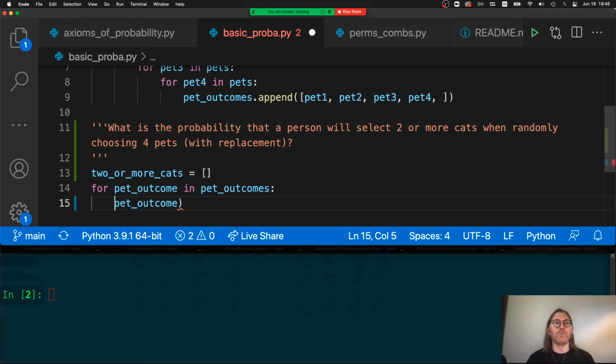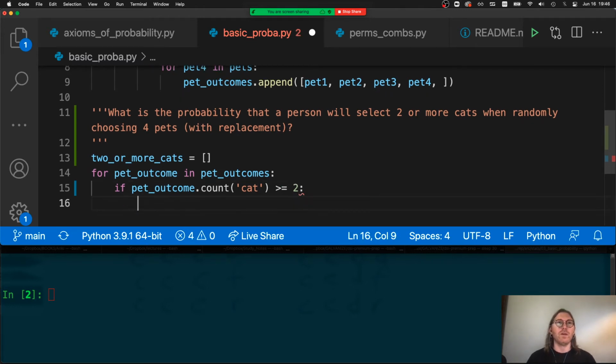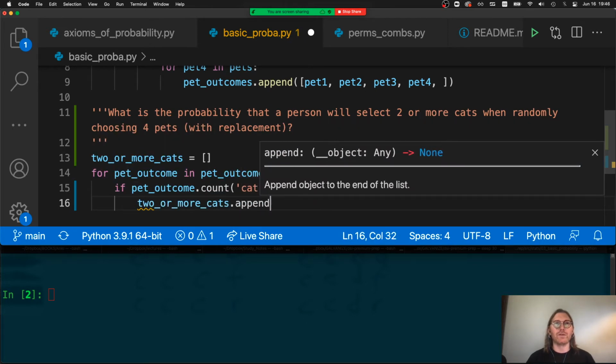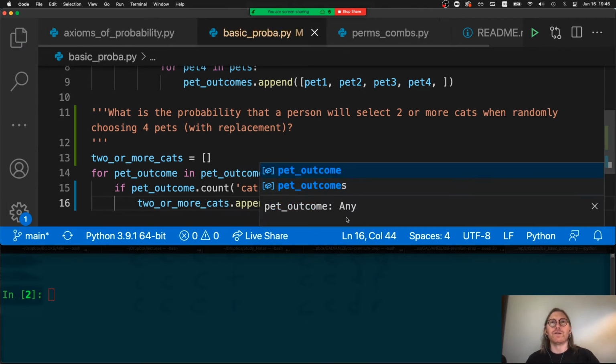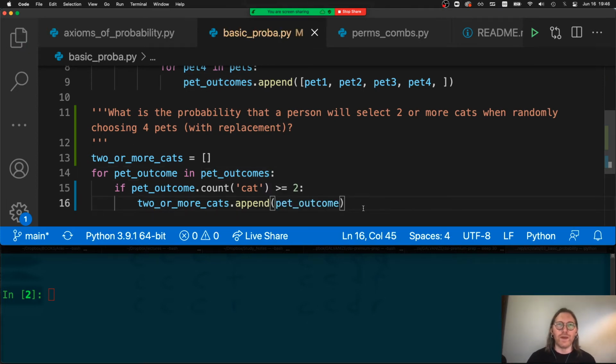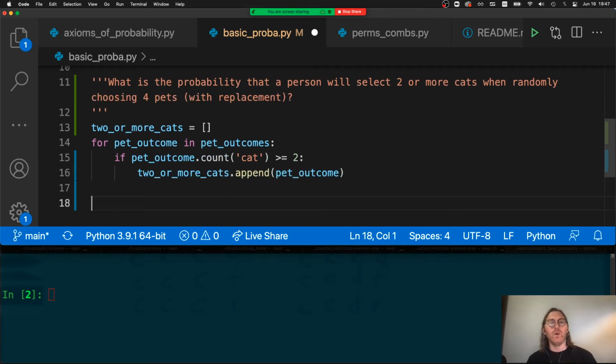Let's say if pet outcome dot count of cat is greater than or equal to 2, then we can collect that into 2 or more cats. And at this point, we have everything we need to answer this question.